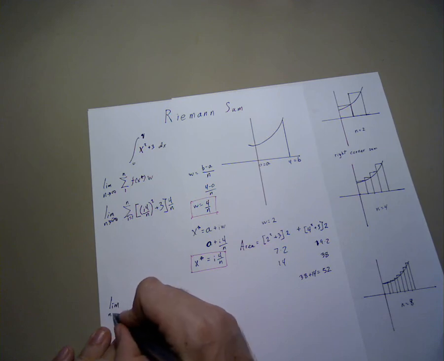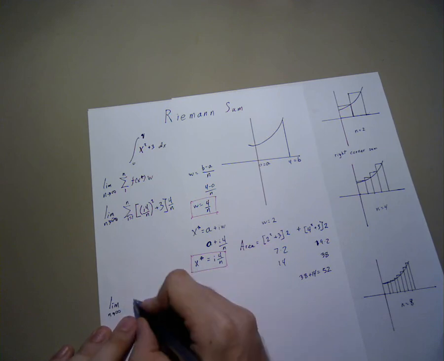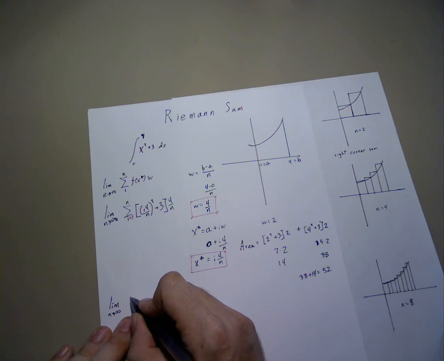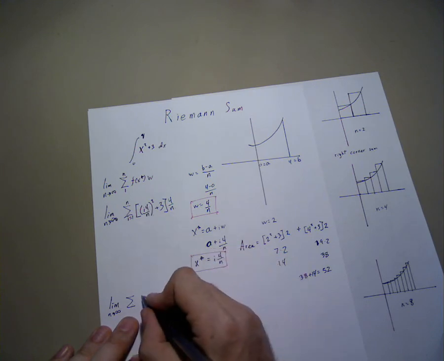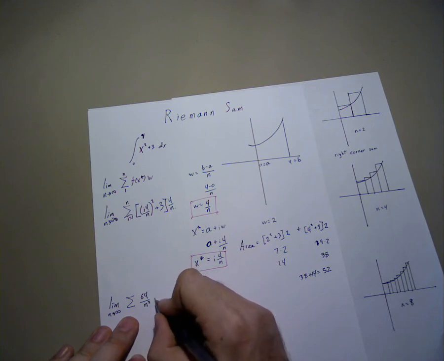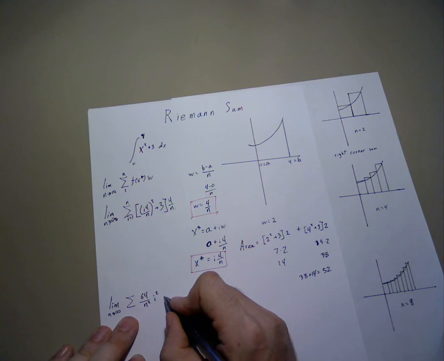Limit, we'll take the summation of, let's expand this first. We'll have 64 over n squared, i squared, plus 12 over n.